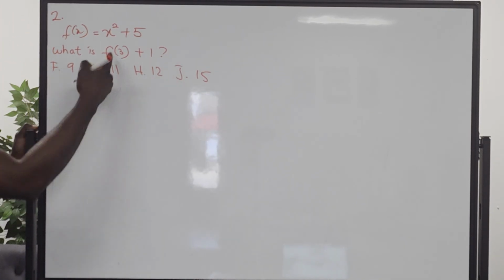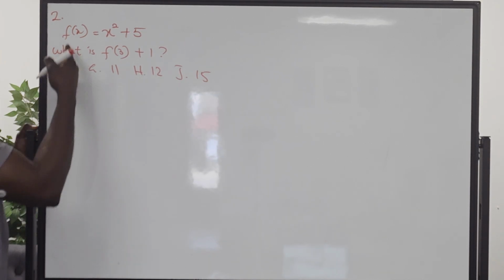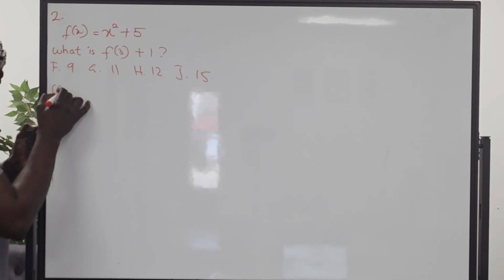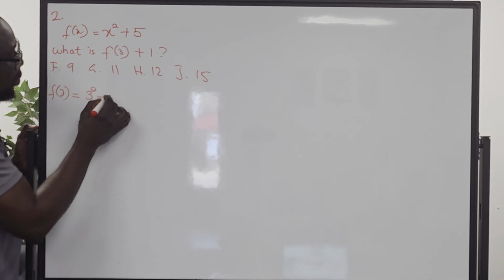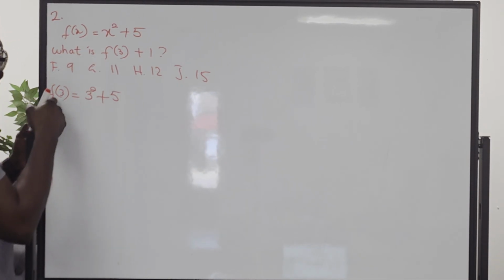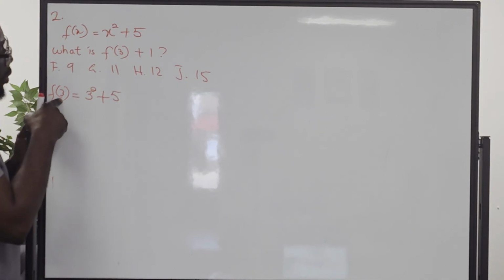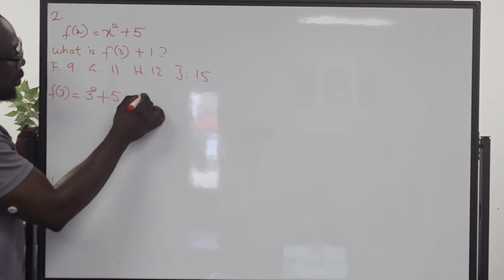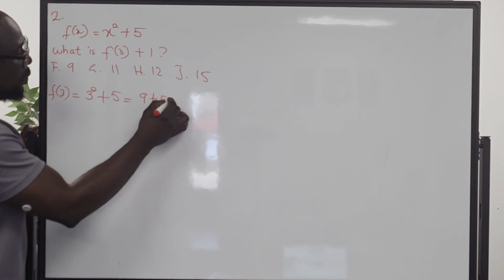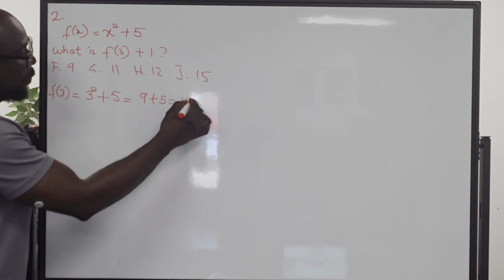So first, x is given to us as 3. So when f(x), where x is 3, it's going to be 3 squared plus 5. 3 squared is 9, plus 5 is 14.